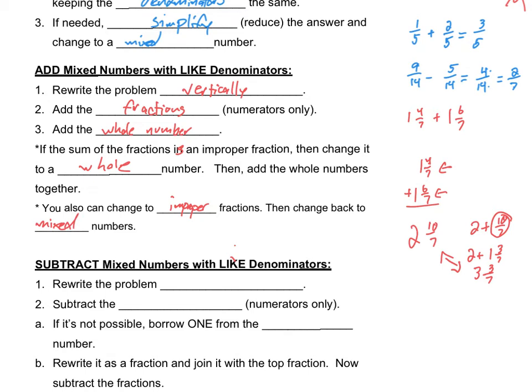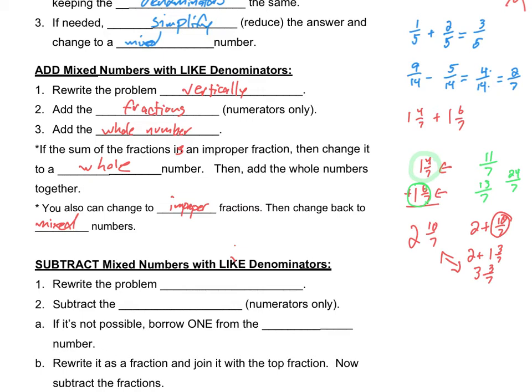So let's take that problem we just did and change them to mixed numbers. 1 4/7 here is the same as 11/7. 1 6/7 is the same as 13/7. So I could always add 11/7 plus 13/7, which gives me 24/7.